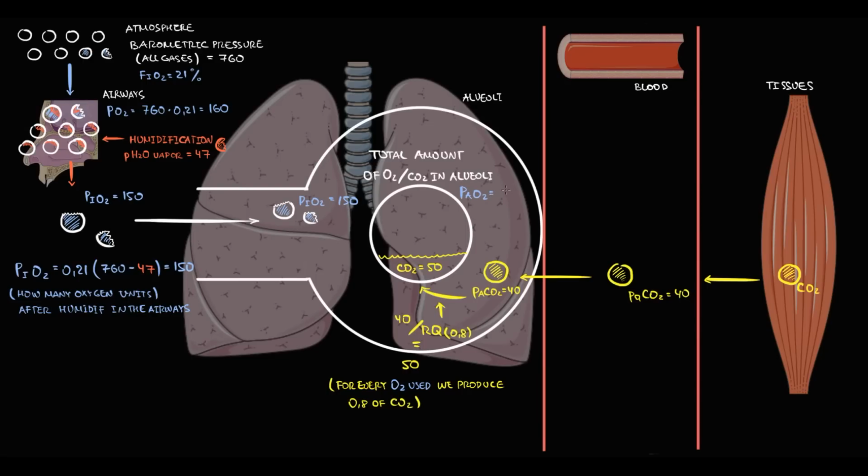So, if the total amount of oxygen that comes to the alveoli is 150, and 50 is already occupied by carbon dioxide, the space that can be taken by oxygen is just 100. So, in normal conditions, the pressure of oxygen in the alveoli is 100. After the alveoli, oxygen diffuses into the blood, and at this moment, everything depends on the alveolar-arterial gradient.